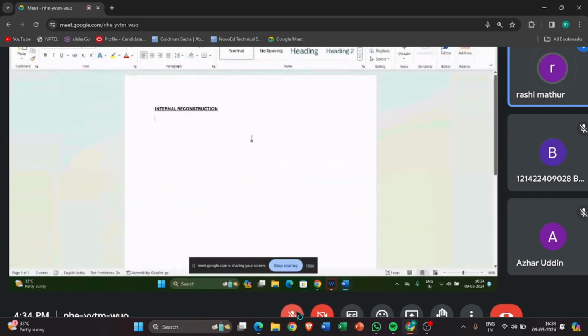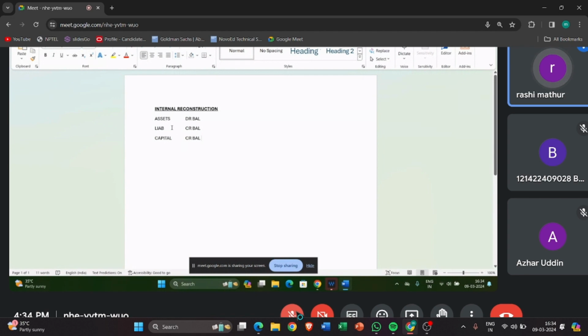Now, what we have to understand in internal reconstruction is, all assets show debit balance, correct? All assets show debit balance and all liabilities show what balance? Credit balance, correct? You know this. Capital also shows credit balance itself.